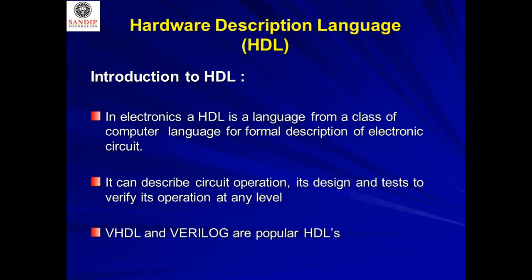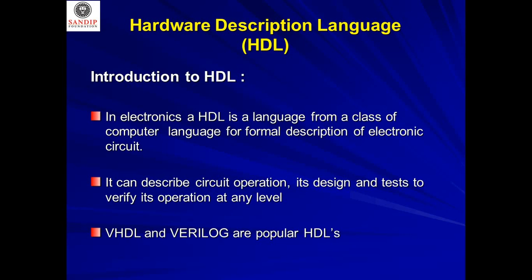Now we will start our unit number 1. In this lecture we will discuss hardware description language and very high speed integrated circuit hardware description language, that is VHDL. Let's start with introduction to hardware description language.